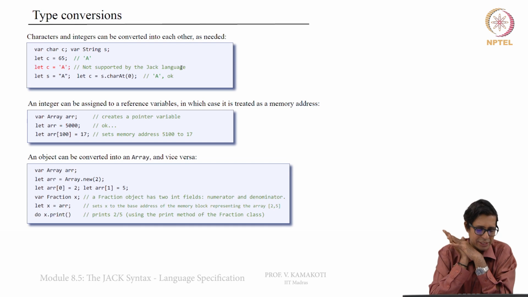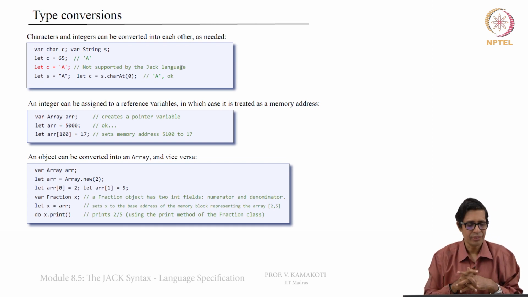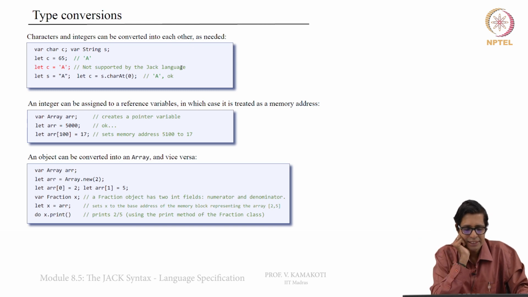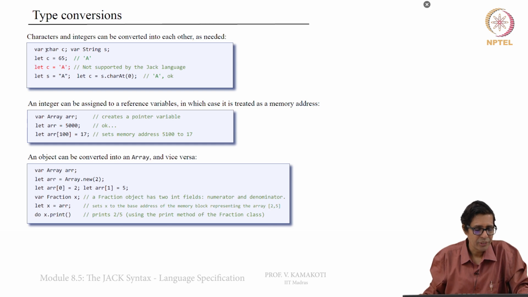This type of type conversion can also happen in the case of Jack. Here the characters and integers can be converted within each other, like var char c. This is how you define a character. Var string s, this is how you define a string. Let c equal to 65, let c equal to 'A', both are same. Let s equal to "A", or let c equal to s.charAt(0).